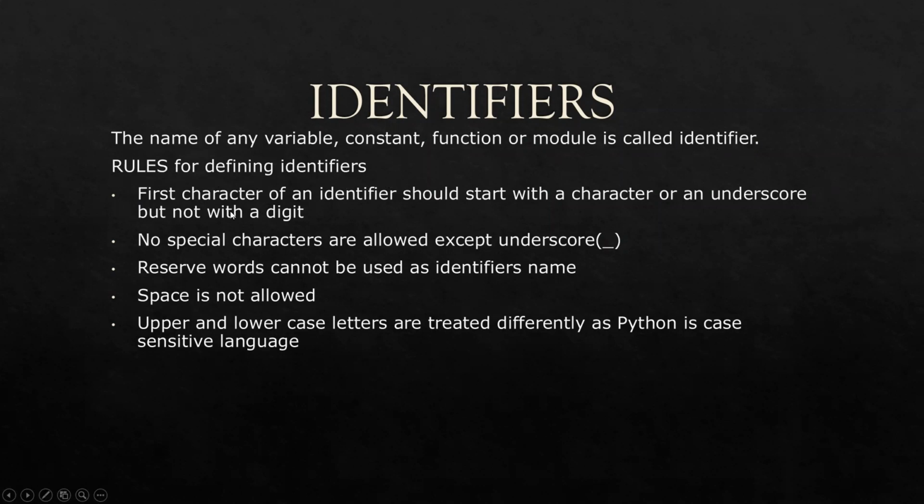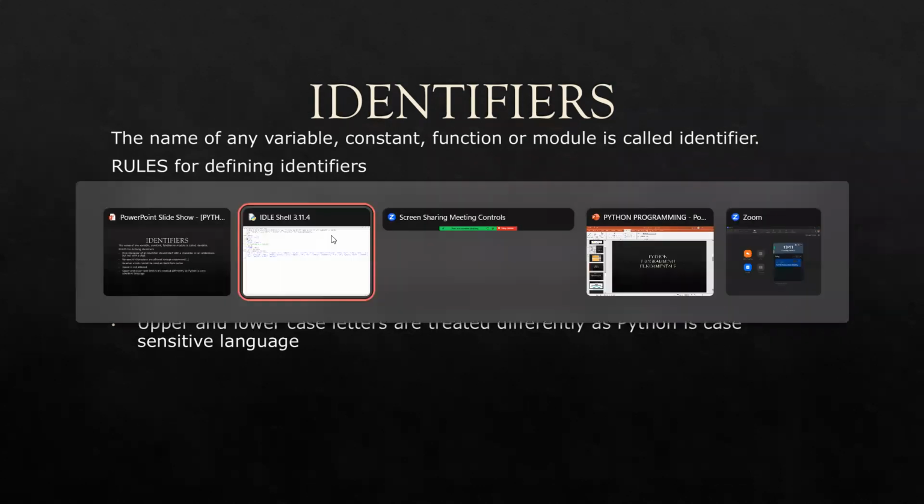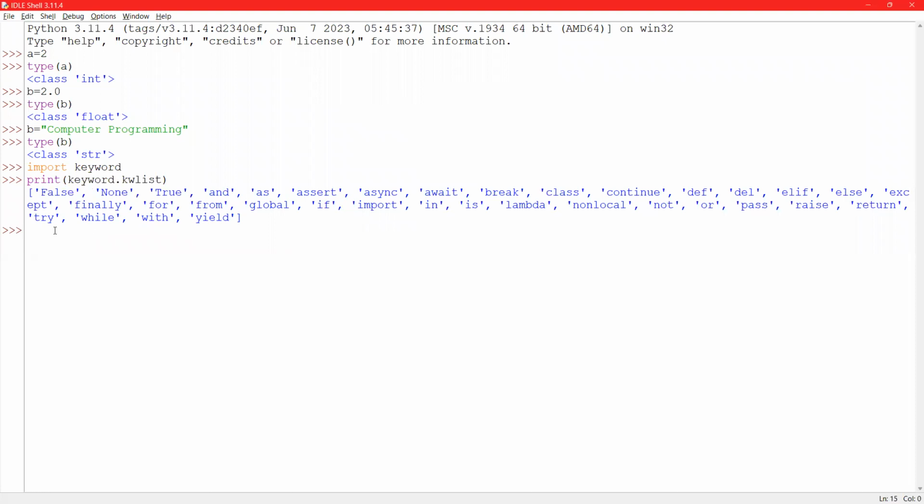The first character of an identifier should start with a character or an underscore, but not with a digit. That means that if I give here a variable A1 equals to 3, it will be accepted by Python.